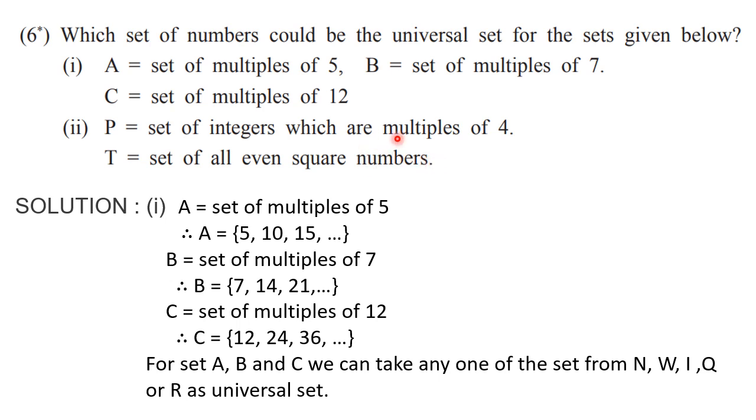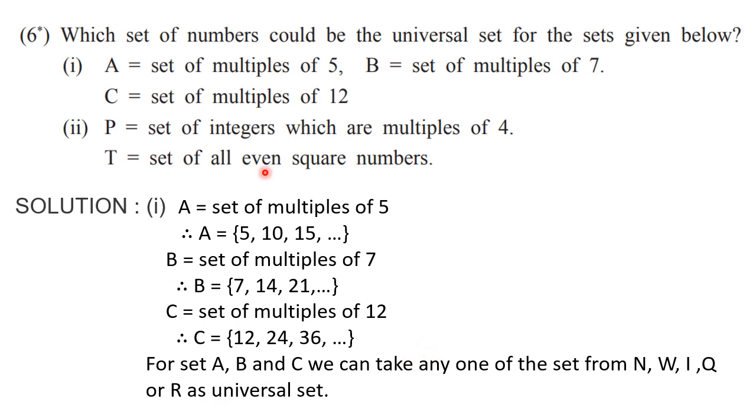And for these two, now see, since it is given integers, in this case natural numbers cannot be the universal set, because you know that natural numbers start from 1. They all are positive, they are never negative. So here integers are given, that is why you cannot take N or W, but you can take I, Q, R as universal sets.